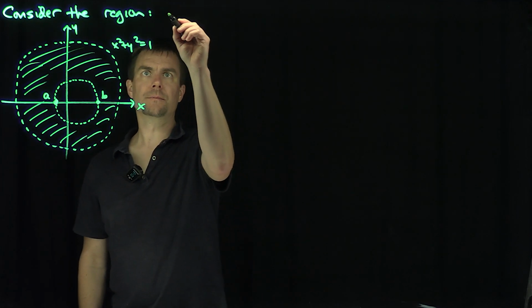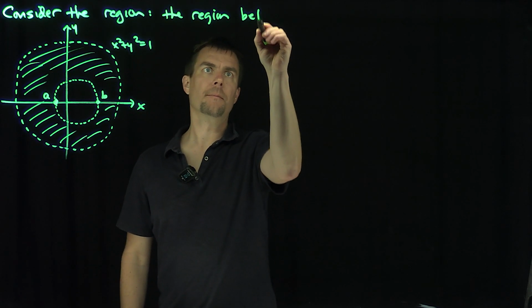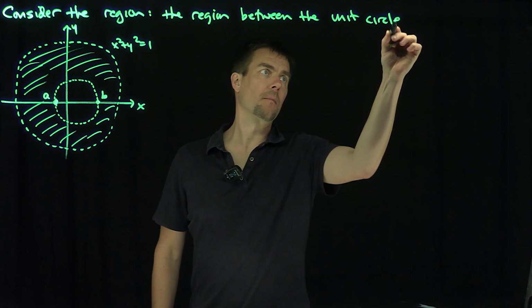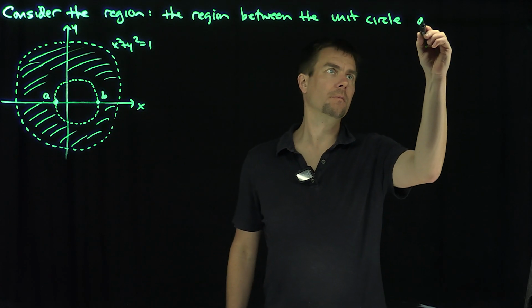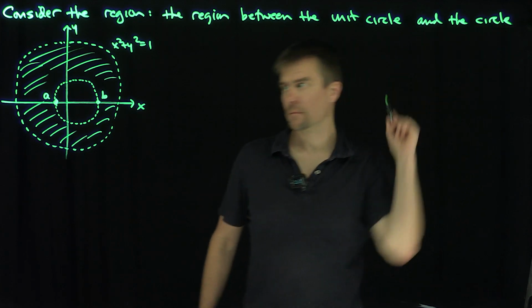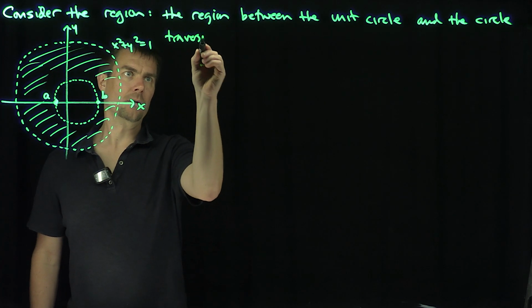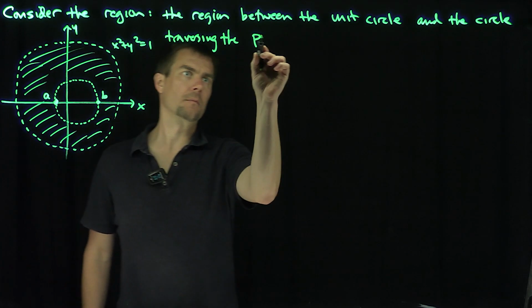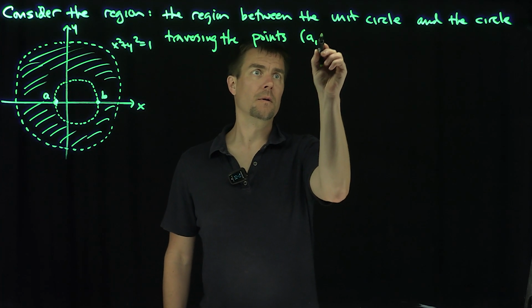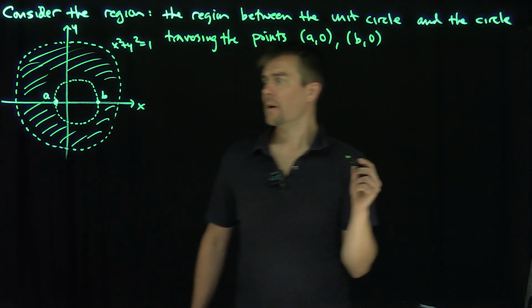So the region between the unit circle and the circle traversing the points A, 0, B, and the origin.